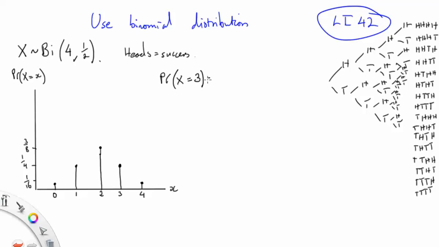The one you're going to use is Binomial PDF, so probability density function, probability distribution function. What you do is you put in the number of trials, the probability of success, and the X value you want. It'll give you the answer.